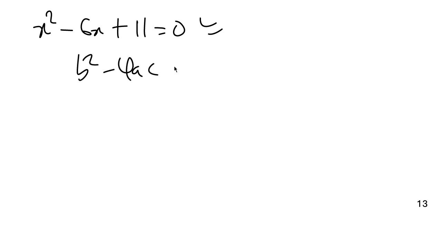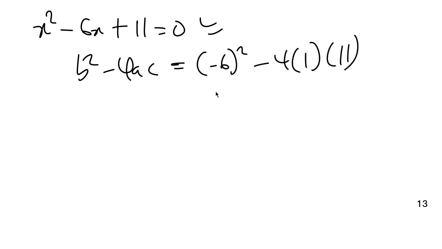Now, attempt this one. x squared minus 6x plus 11 equal to 0. What kind of roots does it have? Can you describe it? b squared minus 4ac will be what? Negative 6 squared minus 4 into 1 into 11, right? So that will be 36 minus 4 times 11, that will be what? 44.